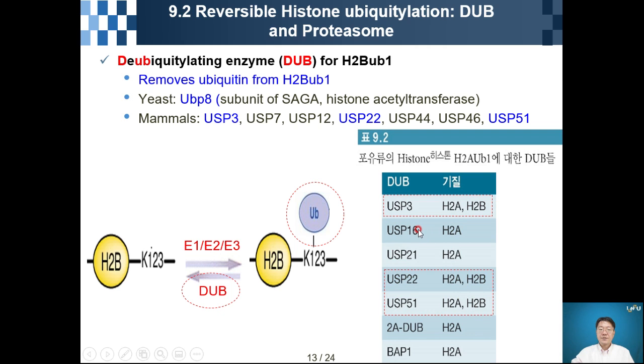The other USPs can only remove ubiquitin from H2A, not H2B.